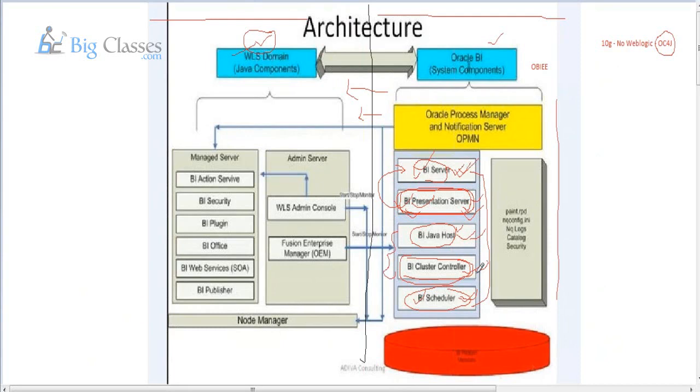For example, if the Java host server is down, why the backend is failing will be written in the log files of Java host. These are all different servers, but they act as one single server.